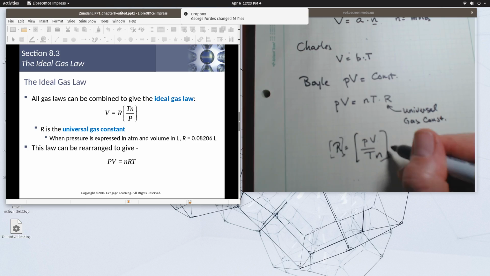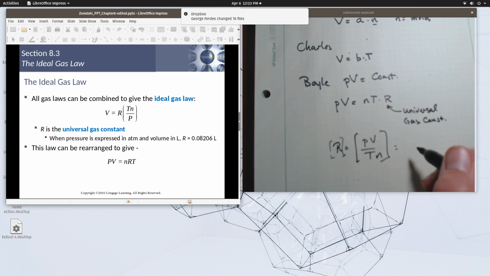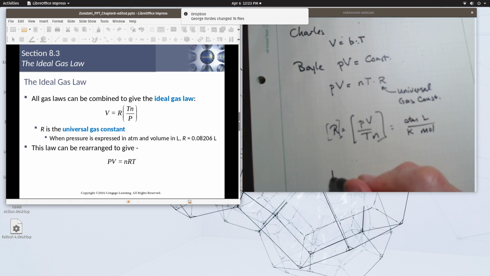So this must have units of atmospheres, liters, Kelvin, and moles. So R is in units of 0.08206 liters atmospheres per Kelvin mole.